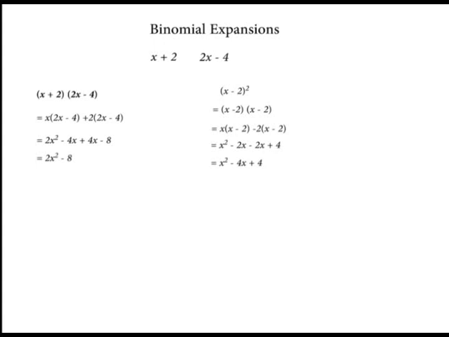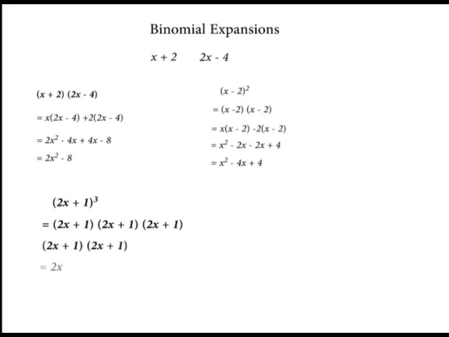Suppose now we had 2x plus 1 raised to power 3. This means 2x plus 1 times 2x plus 1 times 2x plus 1. We expand the first two brackets. 2x plus 1 times 2x plus 1.